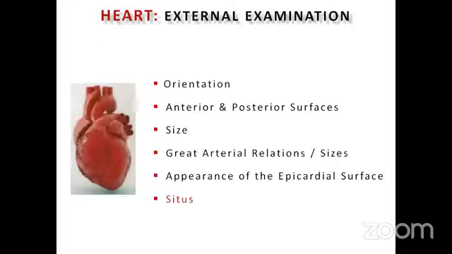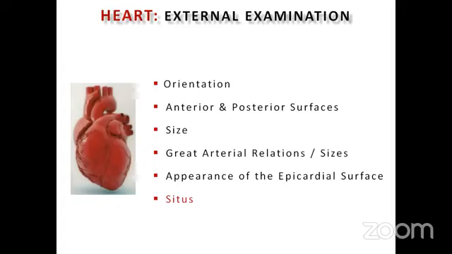Now let us briefly recapitulate certain points which were covered in the initial sessions. The first session was devoted to the orientation of the heart, the appearance of the anterior and posterior surfaces. We also assessed the size and the appearance of the epicardial surface.